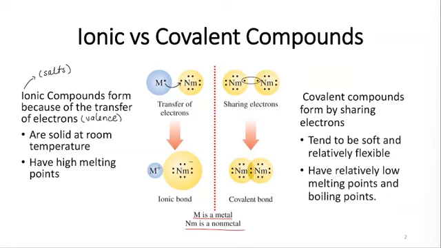An ionic bond, we don't draw it by a line. An ionic bond is actually an electrostatic interaction, because we have that metal being positively charged and we have that non-metal being negatively charged, okay?